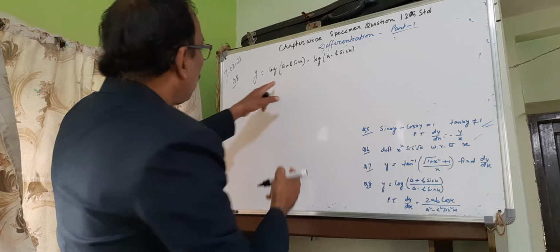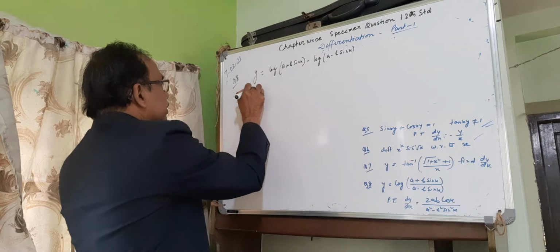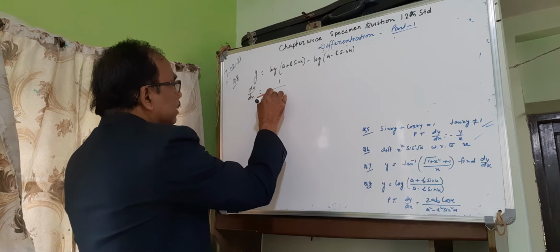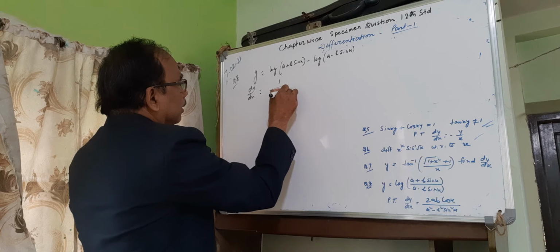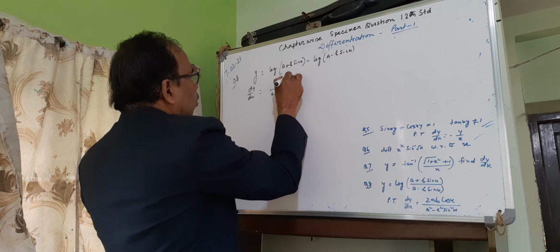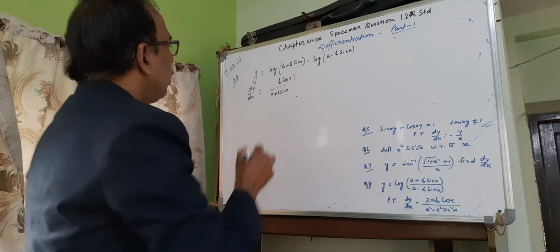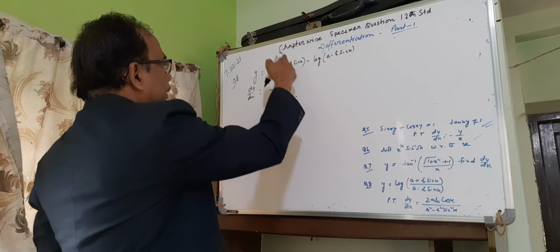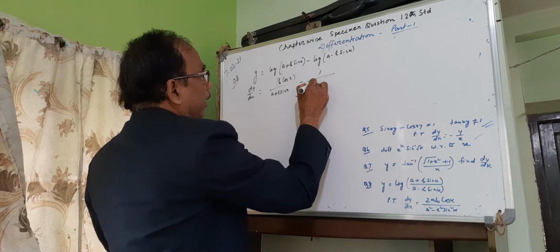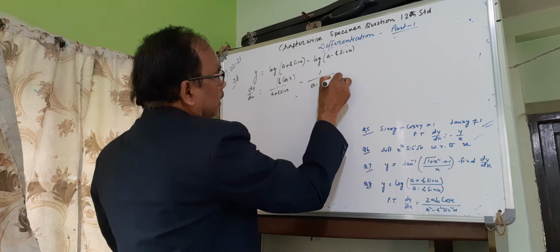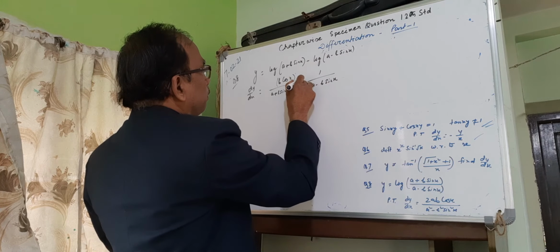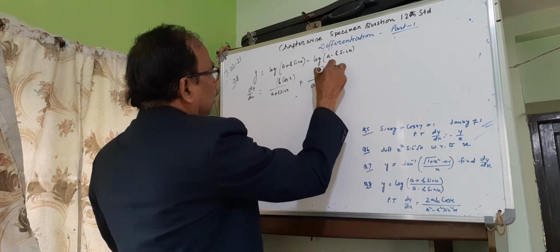Now differentiating with respect to x, dy/dx is 1 by a plus b sin x, times the derivative of this, which is b cos x, minus 1 by a minus b sin x, times the derivative of a minus b sin x, which is minus b cos x, so this will be plus b cos x.